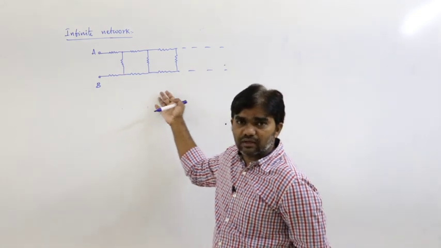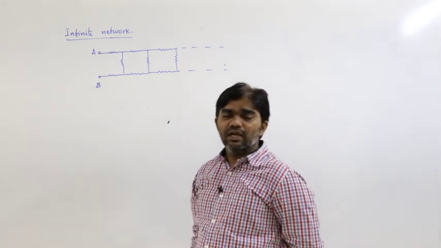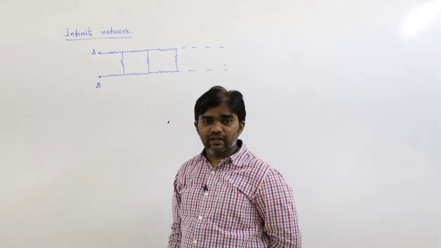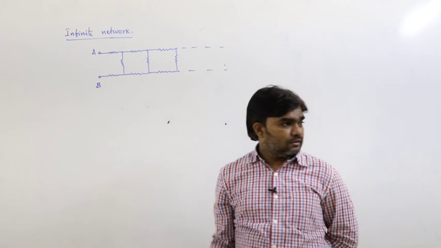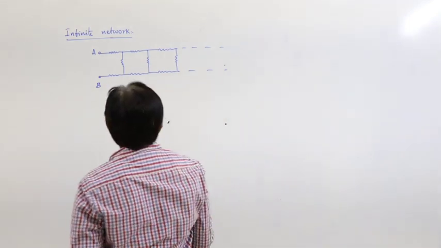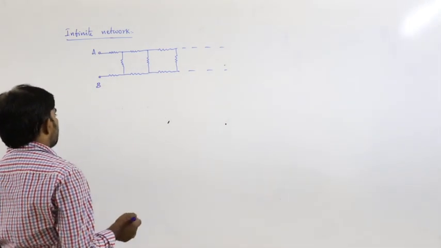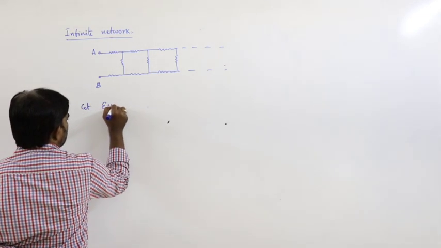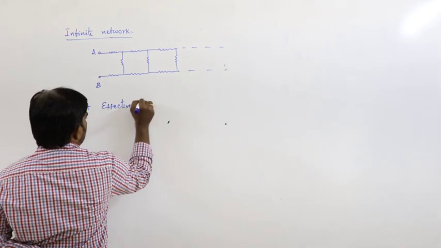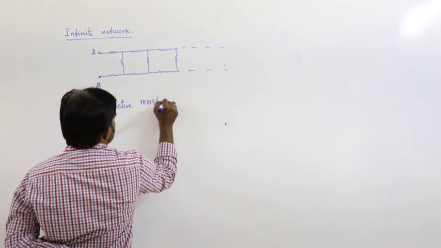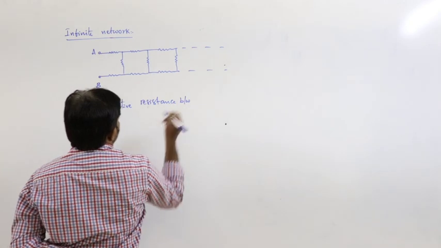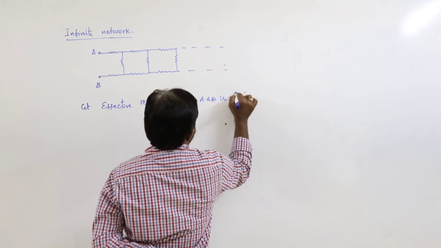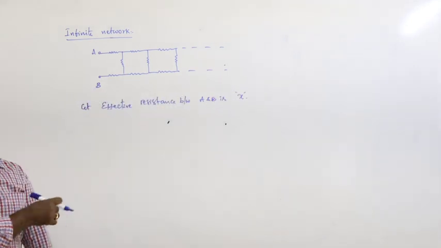Then how can we calculate effective resistance in case of this infinite network? See here, for example, let the effective resistance between A and B be X. We don't know that.